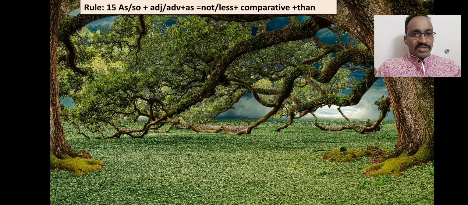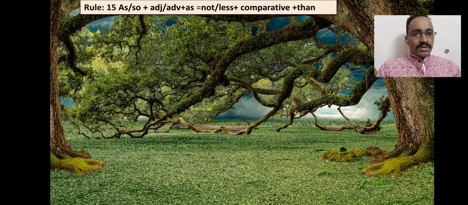You see the structure. In some cases we will find an adjective in between as and as, or so and as. These types of sentences are basically positive sentences. You know that degrees are of three types: positive, comparative, and superlative.